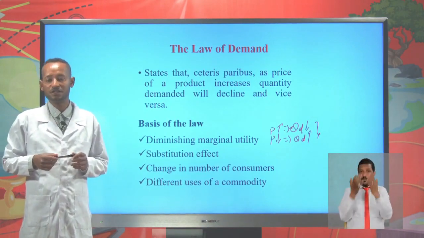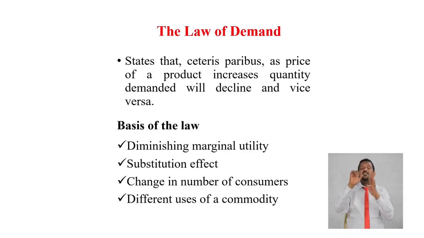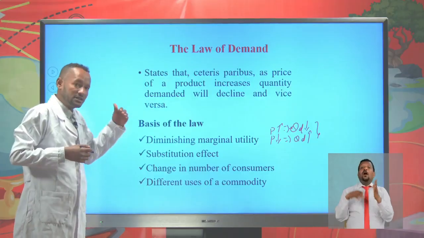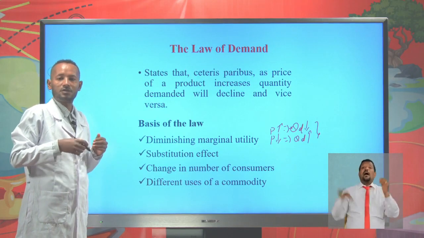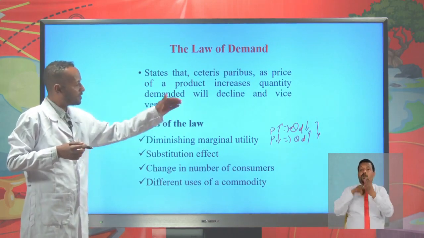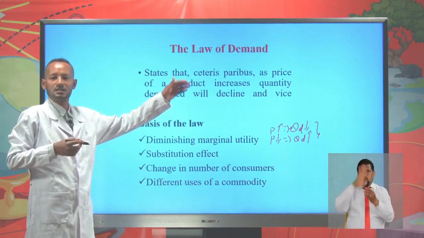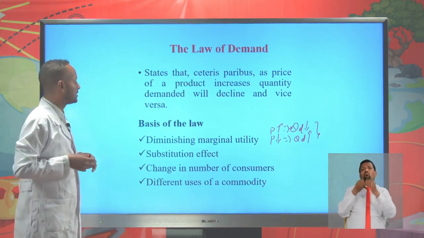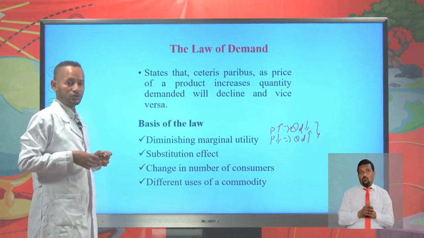The principle of diminishing marginal utility states that as we consume more and more of a commodity over a period, the utility that we get from additional consumption of the commodity will decline. If the additional satisfaction that we get from additional consumption declines, then with a rise in the price of a commodity, people tend to decrease their quantity demanded, and the opposite holds true.